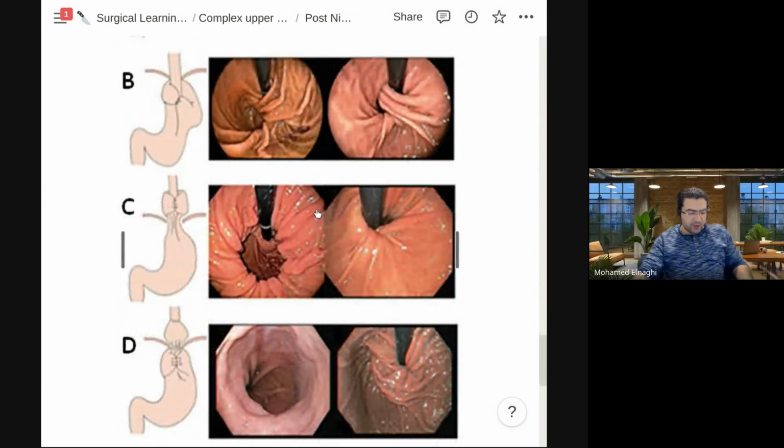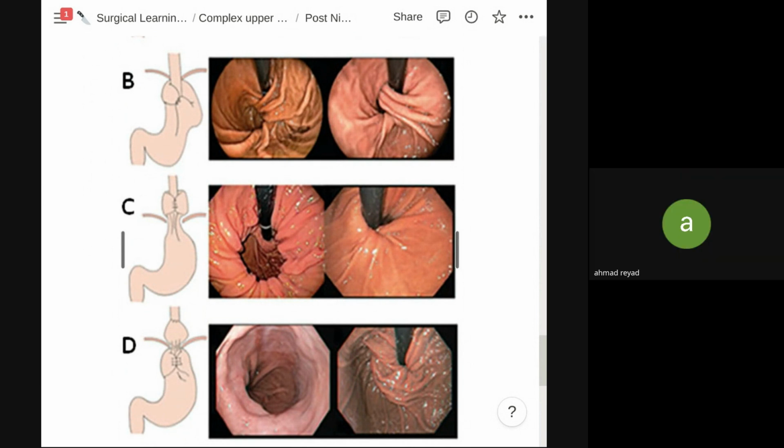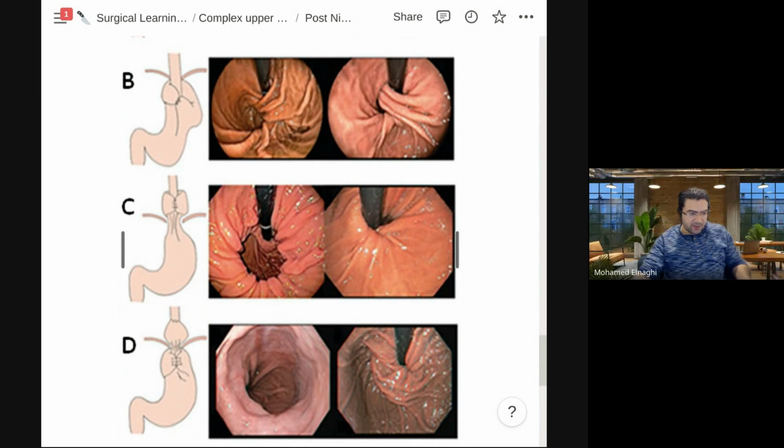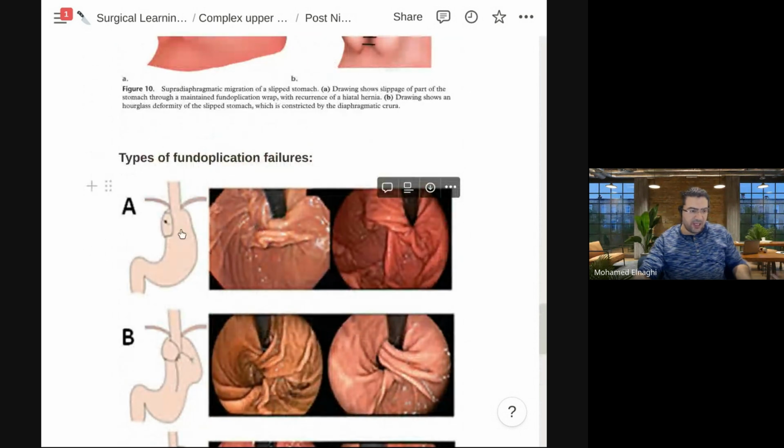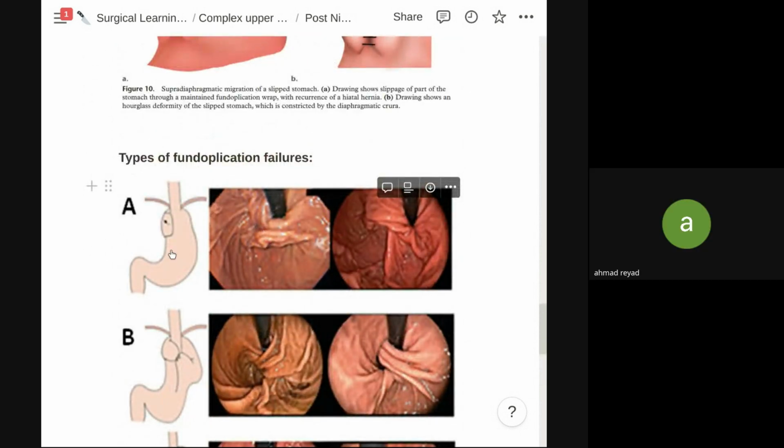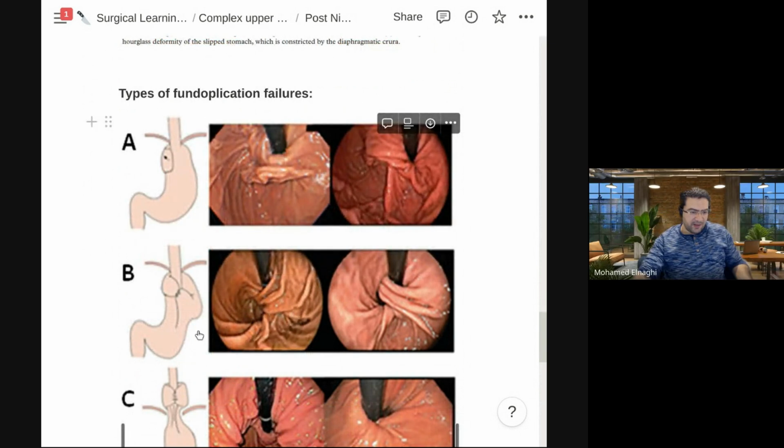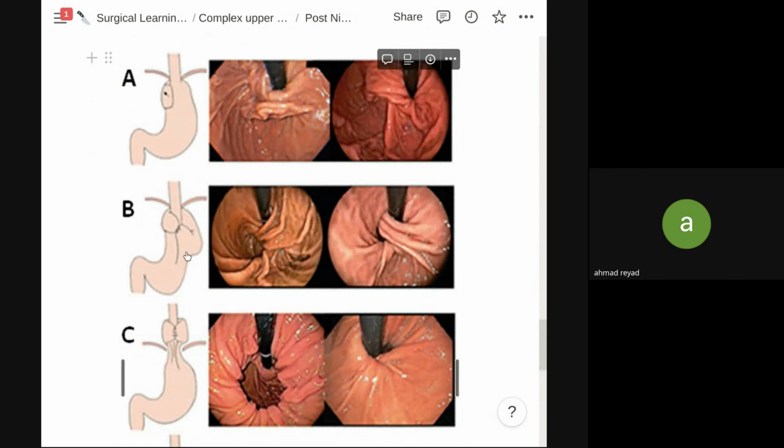But as you mentioned, mostly either the wrap has completely failed, or the wrap has migrated. So you've got either a completely loose wrap, or a migrated wrap, or a partially disrupted wrap.